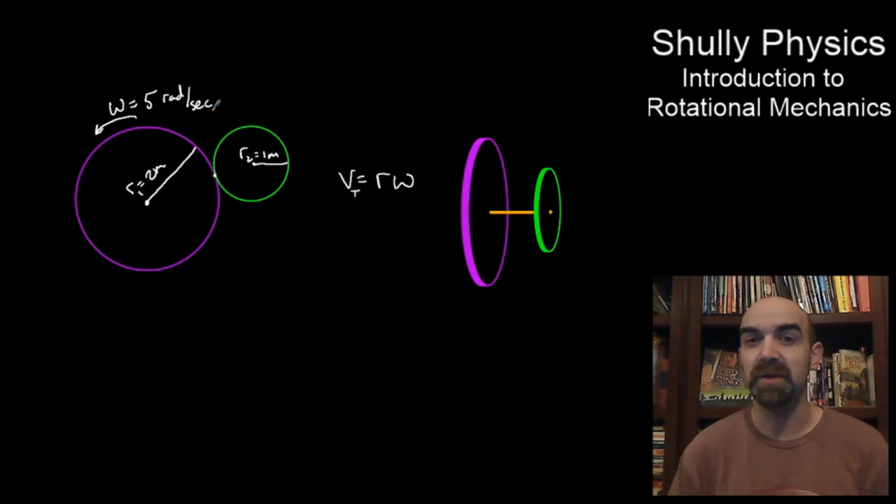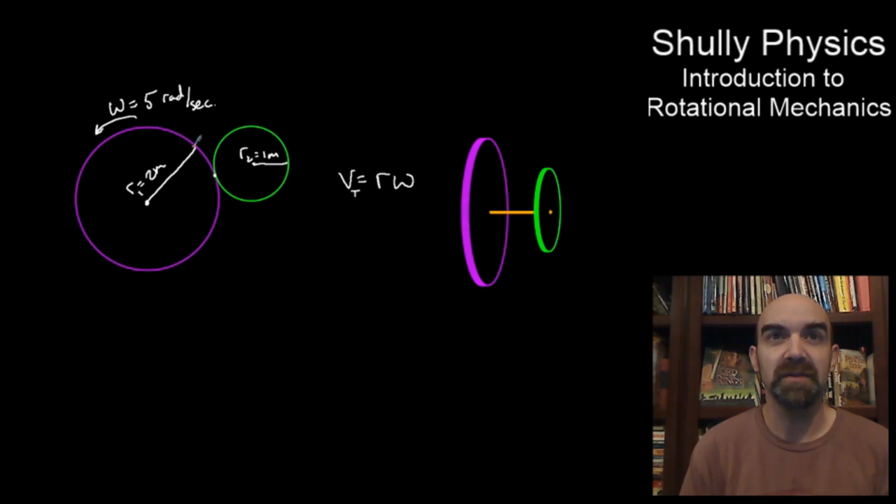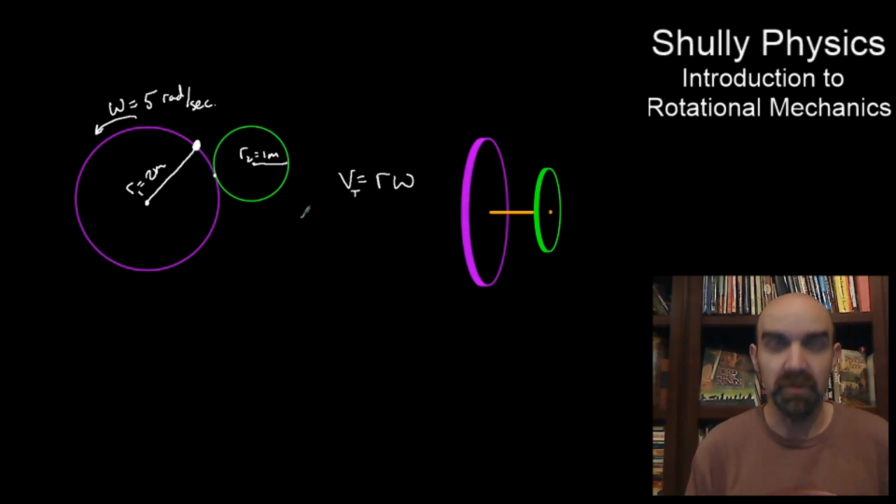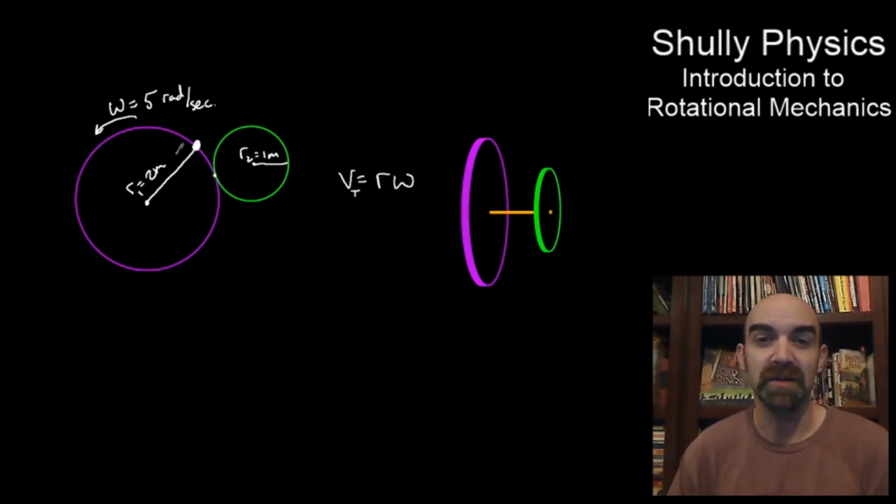It's what we can multiply by a radius to get an arc length or arc distance, if you want to call it that, an angular displacement. So let's say this point at the end here is moving as this disk rotates. And it'll move through 5 radians every second.